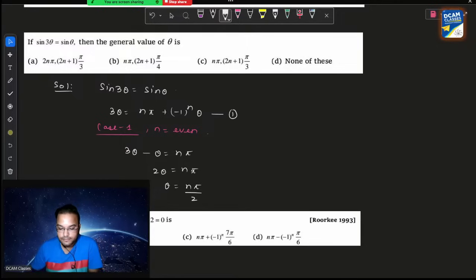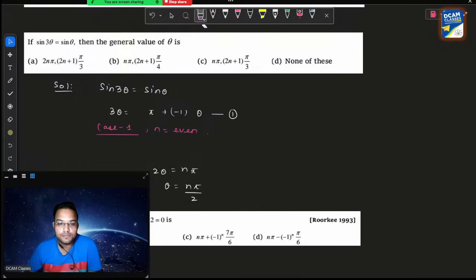No answer. What am I doing wrong? Acha, let me write it this way. I have to take all the even values only, na? Let's take it as m pi plus minus 1 whole power m. If m is even, I can take m is equal to 2n.